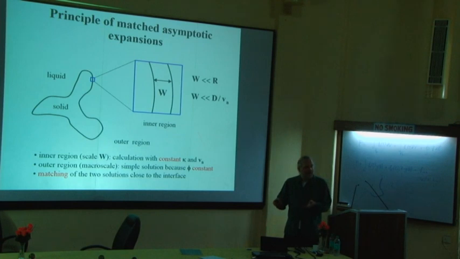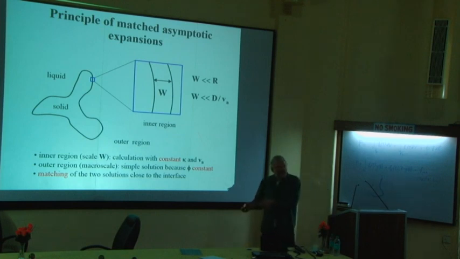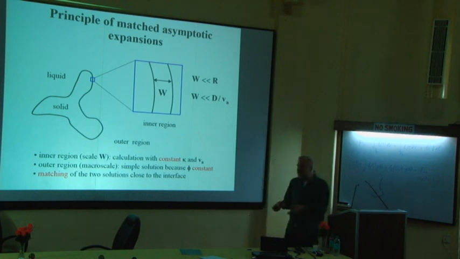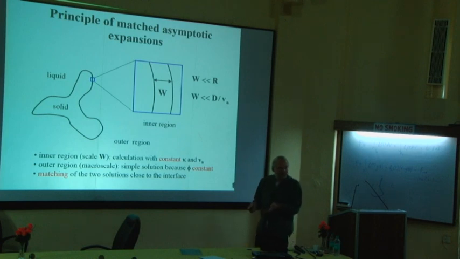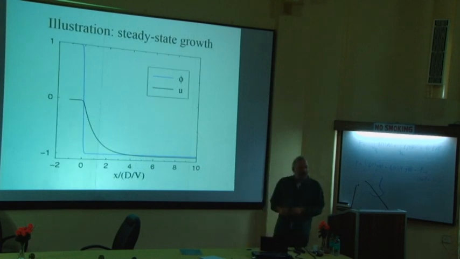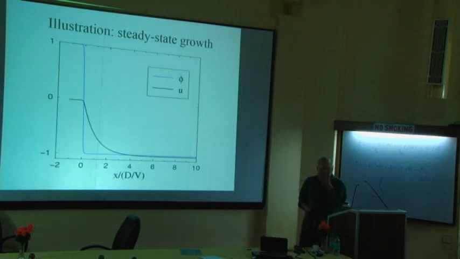And then this inner problem, you match to the solution of the outer problem. And in this way, you will obtain what this phase field equation imposes on the outer field. Okay? I know this might be a little bit abstract, so I've put up a little illustration for you.